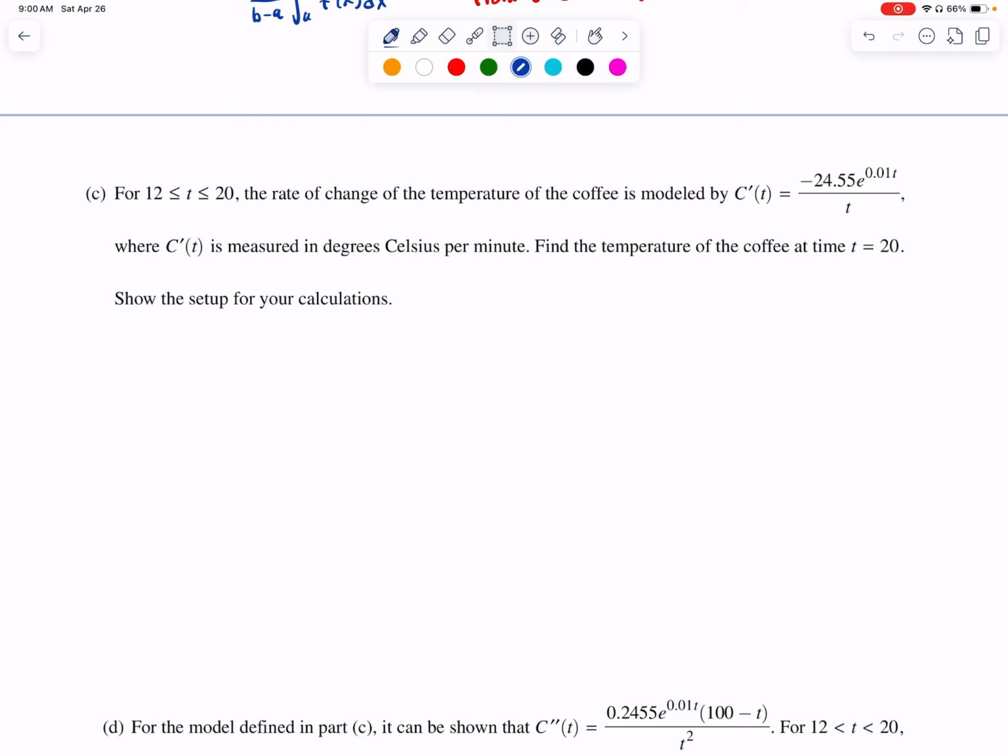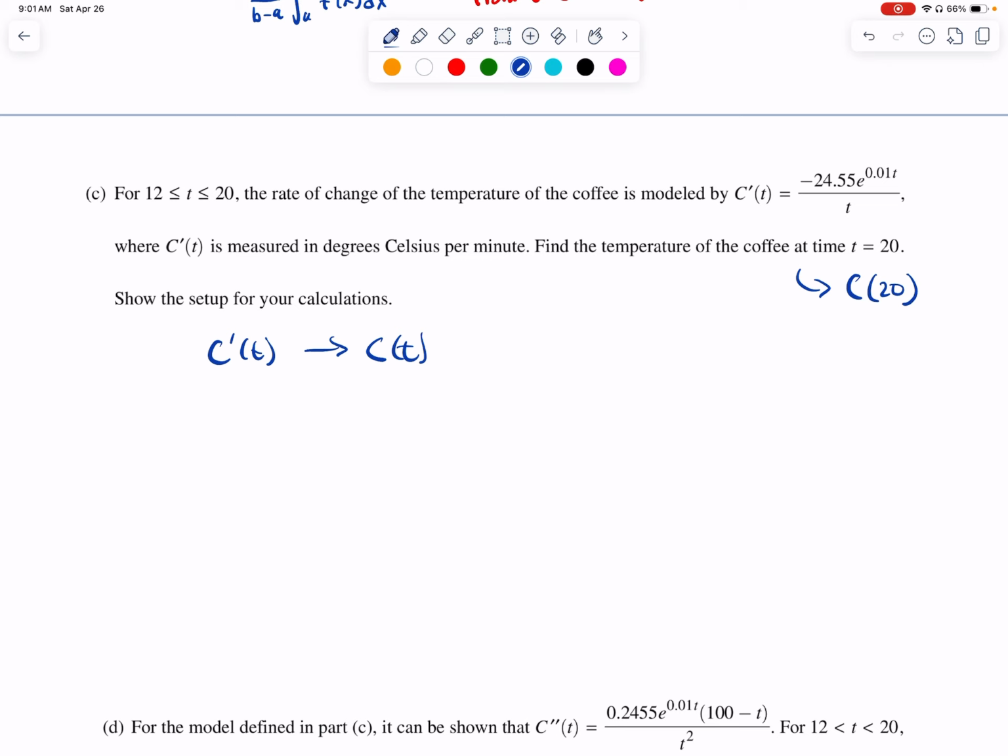Okay, so if we want the temperature of the coffee at t equals 20, this means that we're looking for C of 20. I'm not looking for C prime of 20, I'm looking for C of 20. If I have C prime, what do I have to do to C prime in order to get C? I need to take the integral of it.